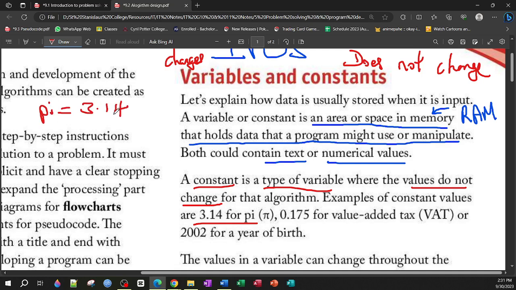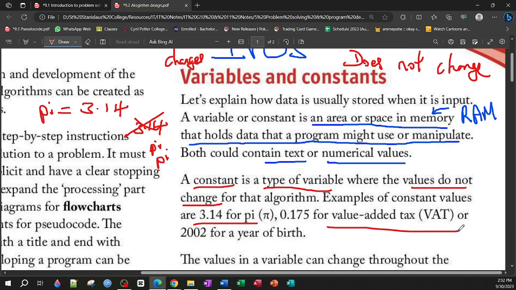So instead of typing in 3.14 every time we have to use the value pi, we just use the word pi. That was already stored into that constant there.